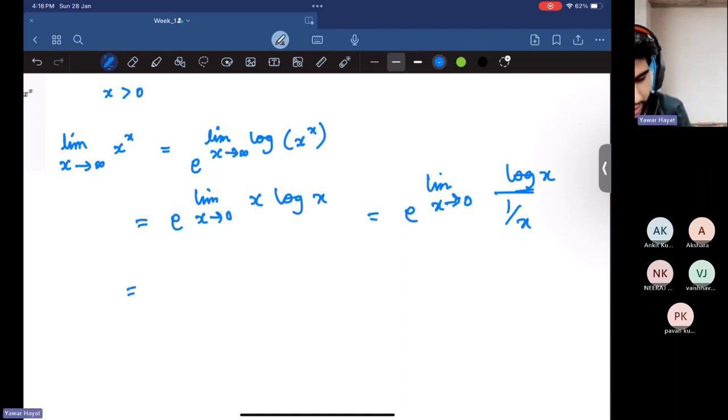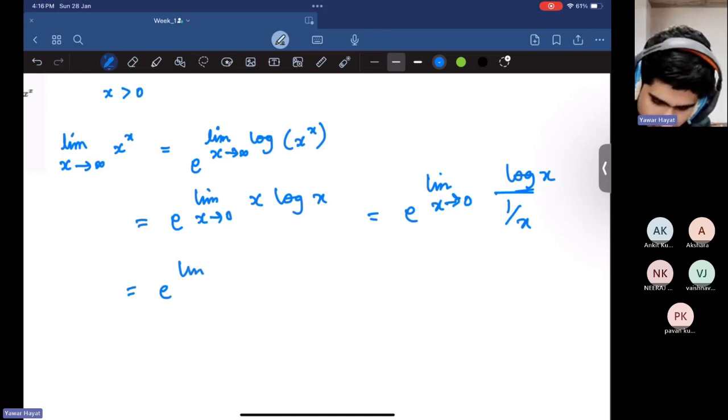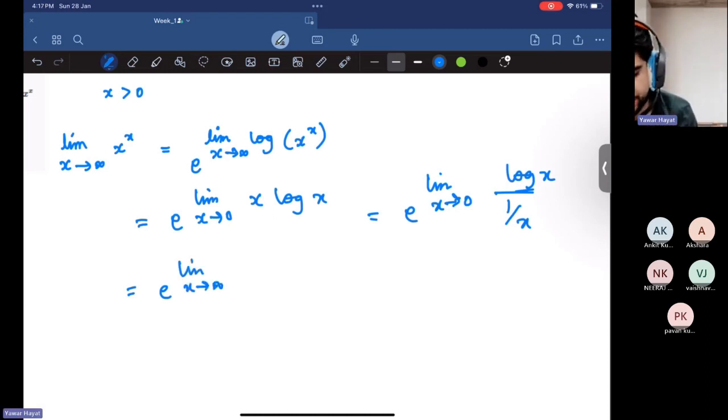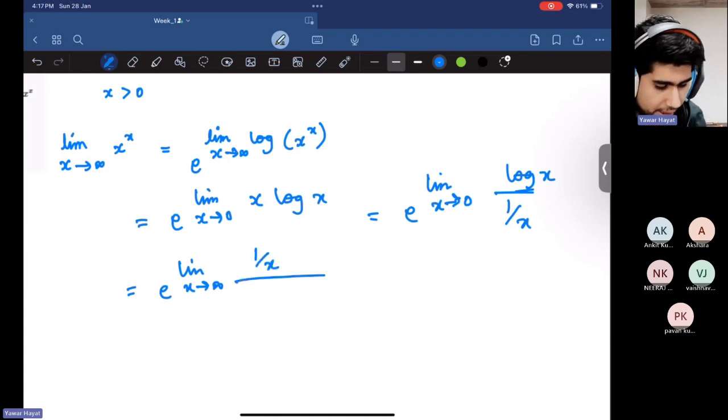So now I'll use L'Hopital's rule. I hope you would have gone through L'Hopital's rule in the week 1 lectures, so I'll be directly using that. Limit x tends to 0. The idea is limit of a fraction is limit of a fraction consisting of the derivatives of the numerator and denominator. So the differentiation of log x is 1 over x, and the derivative of this 1 over x is minus 1 by x square.